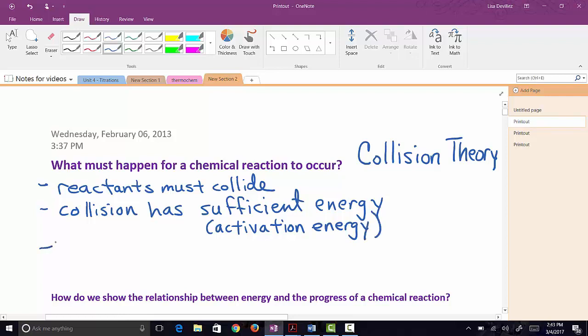And then also, it's that the reactants, when they collide, have to have the correct orientation.